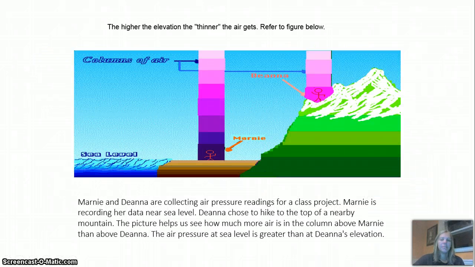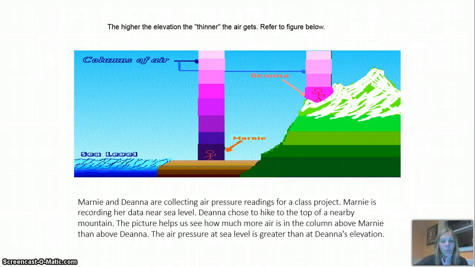So here is an interesting graphic, but I kind of like it. Here are two students, Marnie and Deanna, that are collecting air pressure readings for a class project. Marnie is recording data near sea level, and Deanna has decided to climb to the top of a mountain and collect information there.